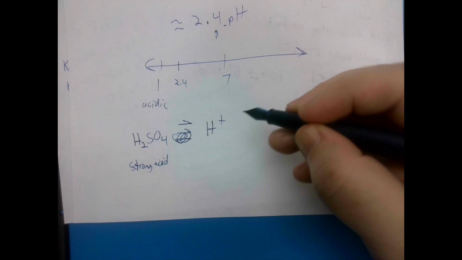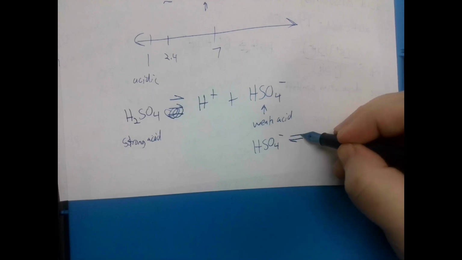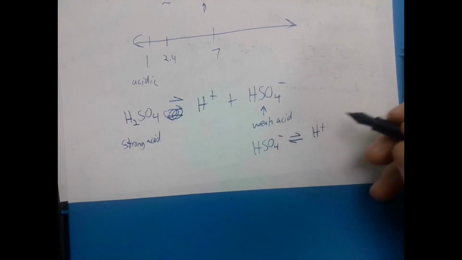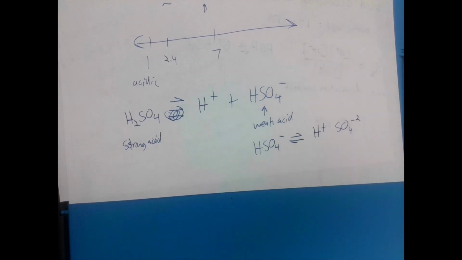It turns into H plus and HSO4 negative. This right here is a weak acid. So HSO4 negative will partially dissociate into H plus and SO4 negative 2. And I was going to do this example because sulfuric acid is very common, but you'll see that because of this, it's going to have extremely low pH.